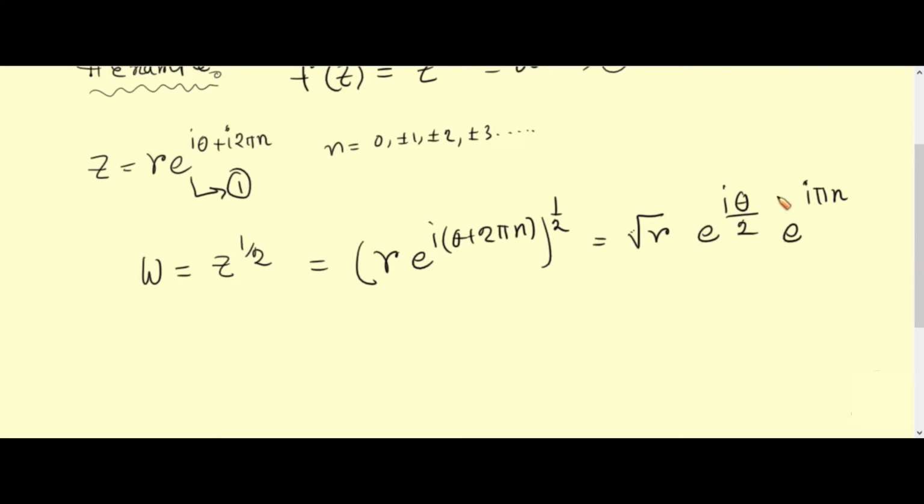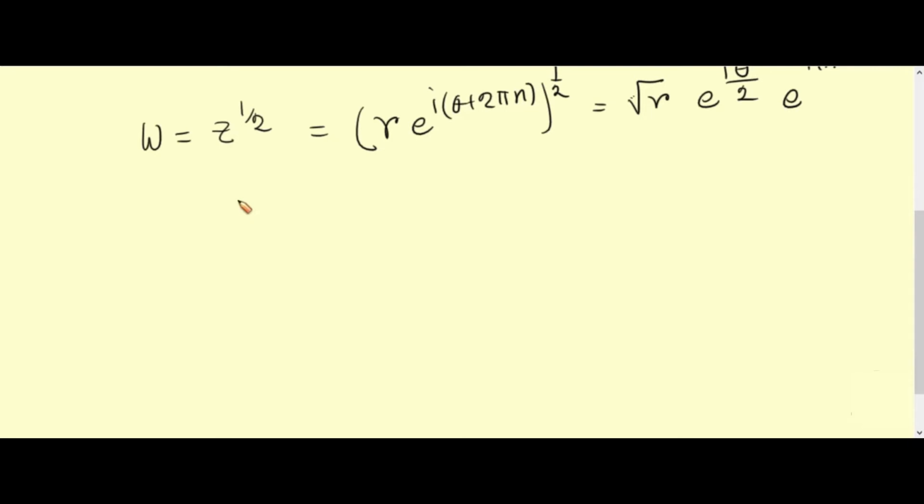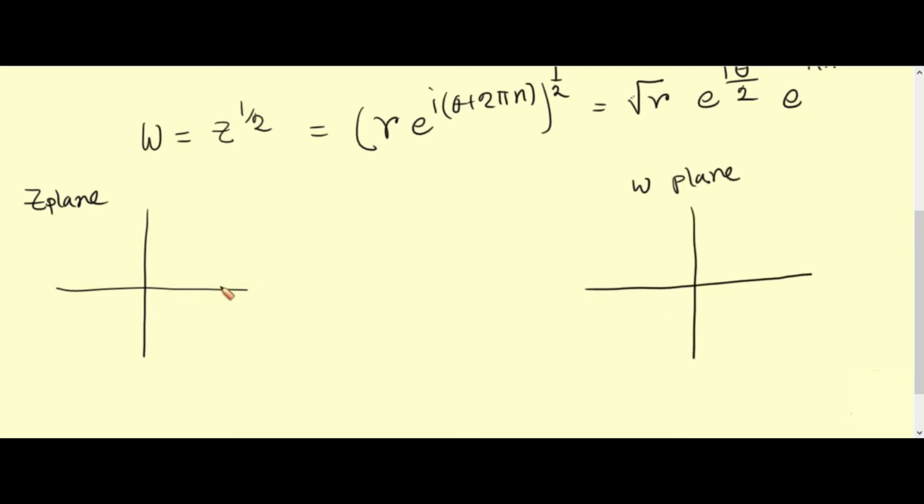So technically we are done, and let's try to see what happens if we draw the Argand planes. This will be our z plane, and here we want to draw the w plane. These are real parts, this is the imaginary part. Similarly over here. Let's say this z is somewhere over here with some principal argument theta, and we want to make a full rotation that will correspond to n equals 1.